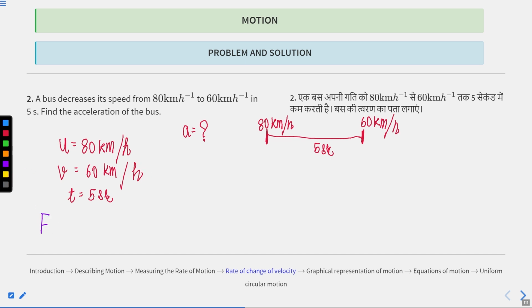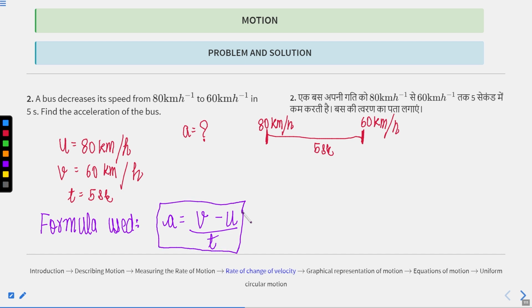What will be the formula used? The formula used will be acceleration equals final velocity minus initial velocity divided by time, v minus u divided by t. Okay, so this is the value of acceleration.